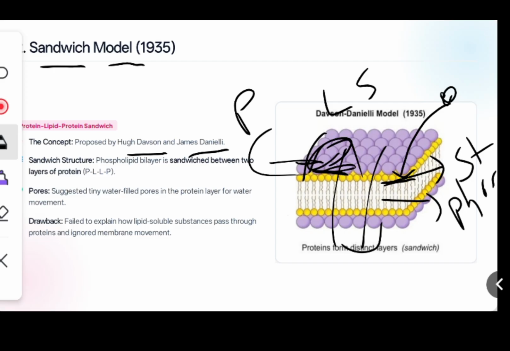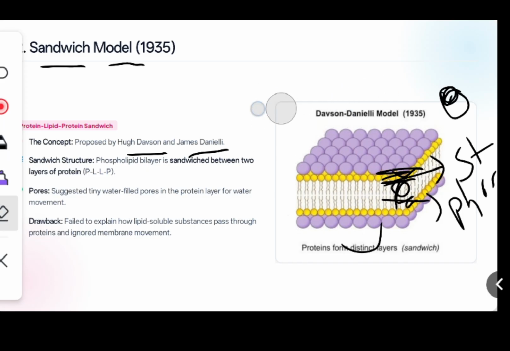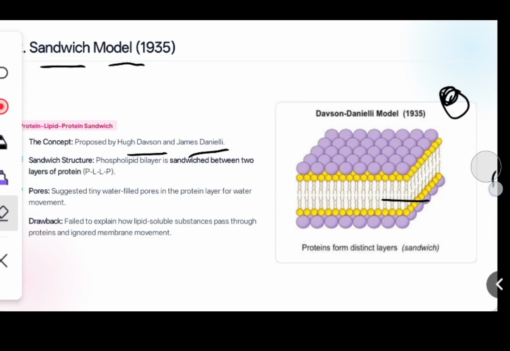Lipid soluble substances don't enter into the membrane. A protein soluble molecule is allowed only into the particular layer, it doesn't enter into the lipid bilayer of the plasma membrane. So it doesn't explain the transportation of substances like lipid soluble and protein soluble substances.